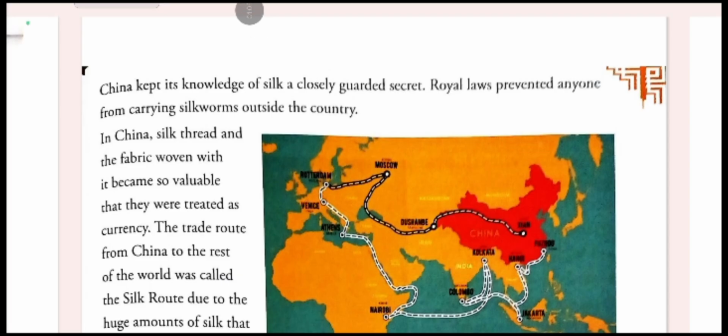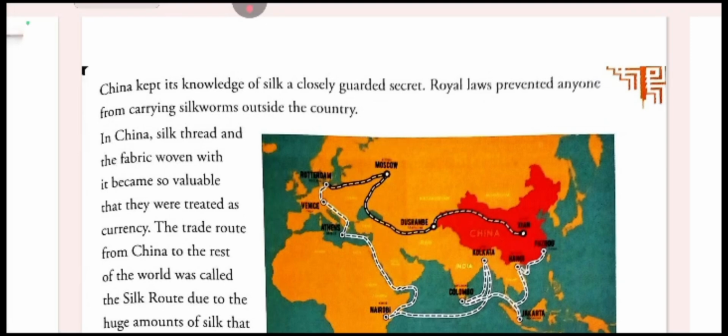China kept its knowledge of silk a closely guarded secret. So China was keeping this secret from the whole world. Royal law prevented anyone from carrying silkworms outside the country.